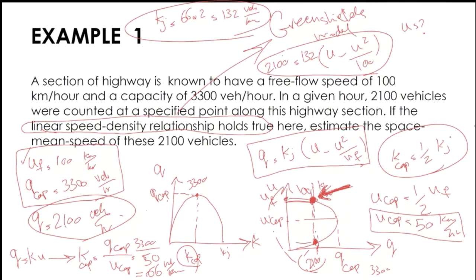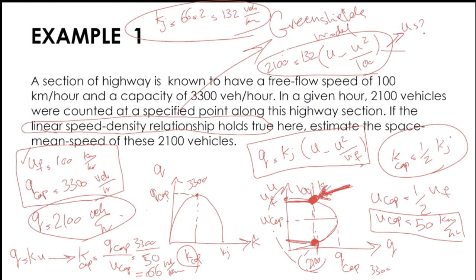So at the first point on the uncongested branch, the flow is low, but the speed is high because it's uncongested. At the other point on the bottom, the flow is lower than capacity because it's congested. There are enough cars, but there's a queue on the road, and the speed is low.